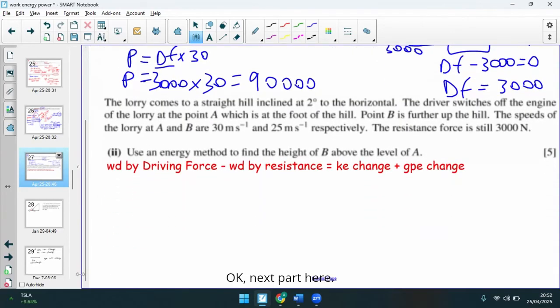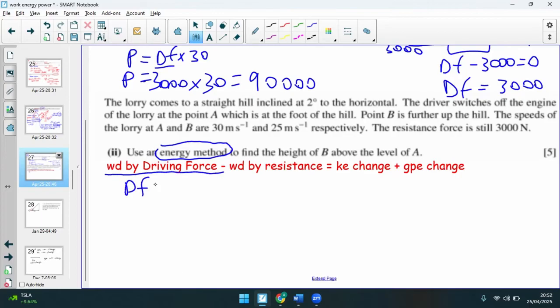Okay, next part here. Here I'll need the energy formula because it says use an energy method. Right, read the question yourself. Pause it, read the question, then come back. Right, so work done by driving force is what?